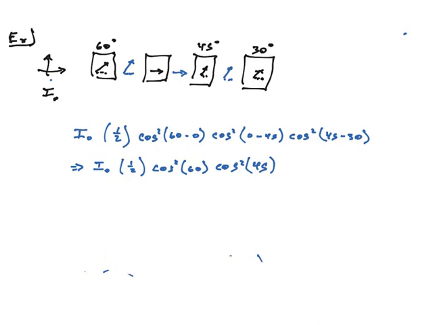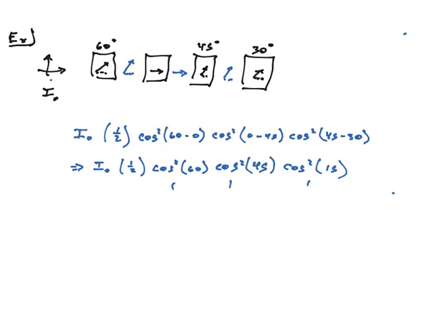All right. The next one, cosine squared, is 45 minus 30, which is 15. And so this is what I have to write. So how would I do it? I would say this term, and this term, they're squared. So I'll do cosine of 60 times cosine of 45 times cosine of 15 and get a number.